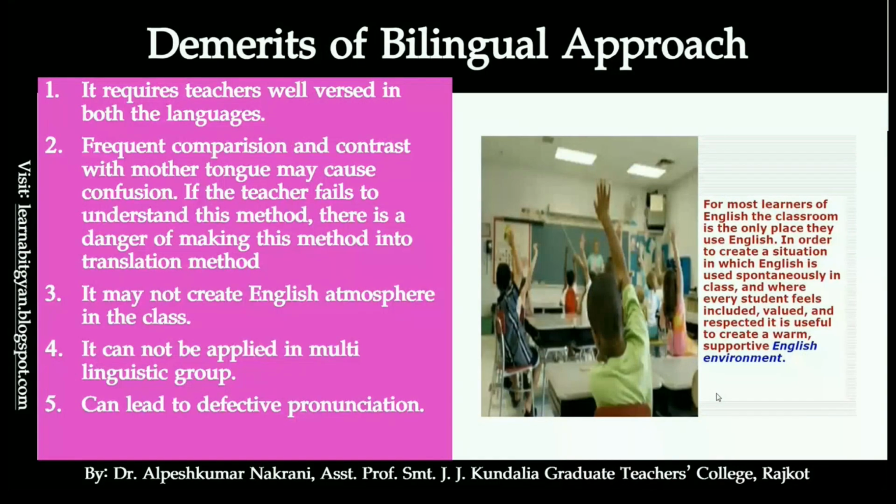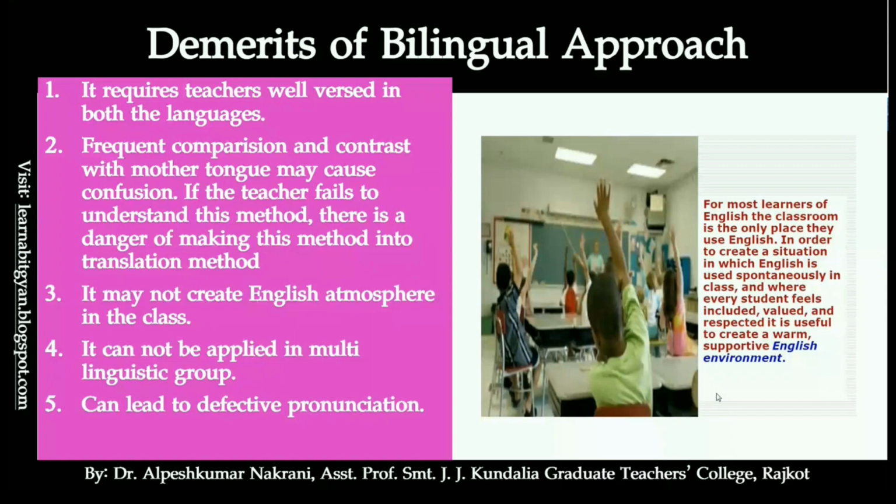Now, what are the demerits? Because the situations are not created, context is not created, English atmosphere may not be created. What happens? We need teachers who are well versed in mother tongue, who are experts in mother tongue, and experts in the foreign language.